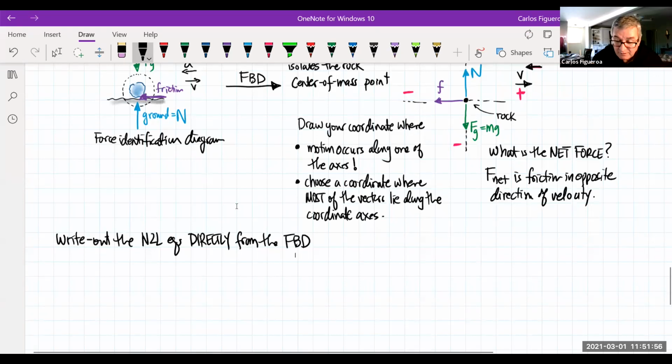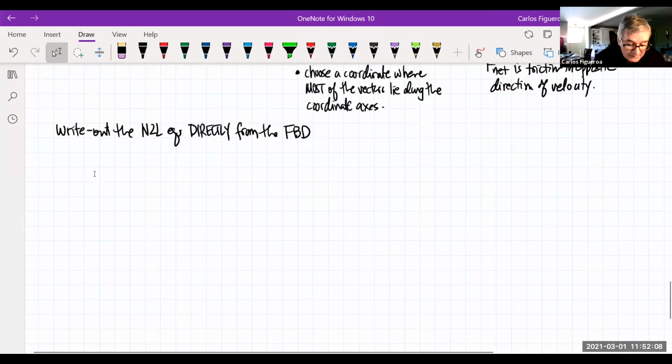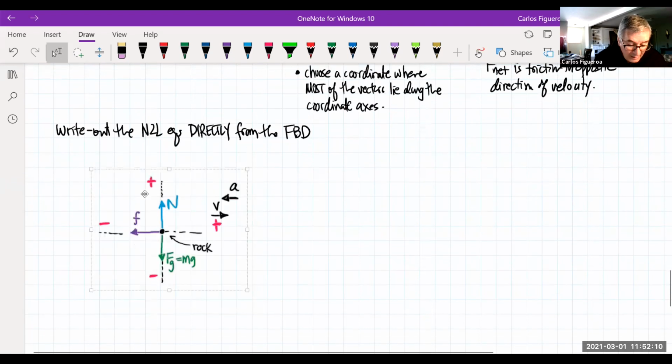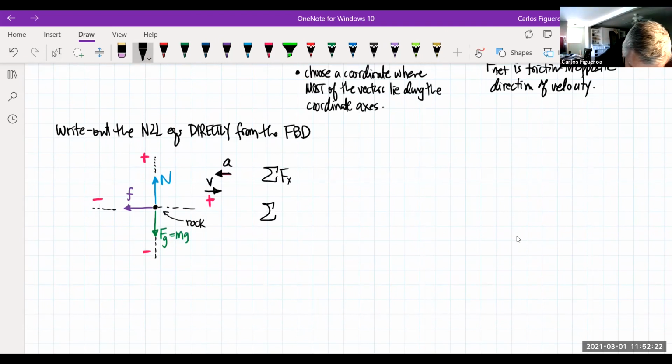So I'm going to bring that free body diagram down with me, because this is the important point here. And look what I'm going to do. I'm going to pay attention to my signs. Okay, how do I pay attention to my signs? Here I go. So the forces in the x direction, the forces in the y direction.